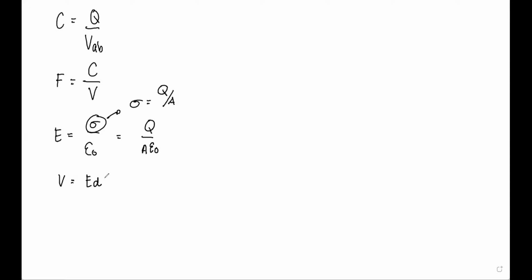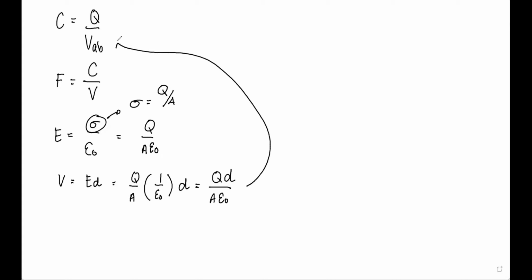Now, if you know E looks like that, just multiply it: Q divided by A times 1 over epsilon naught is your E, times your D. Simplifying, that looks like QD divided by A epsilon naught. That is your V.